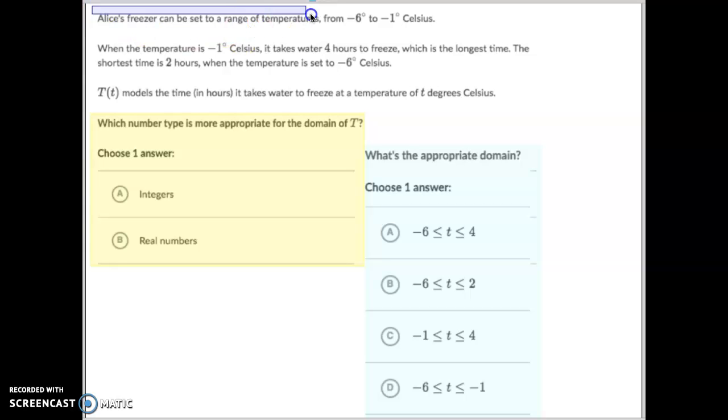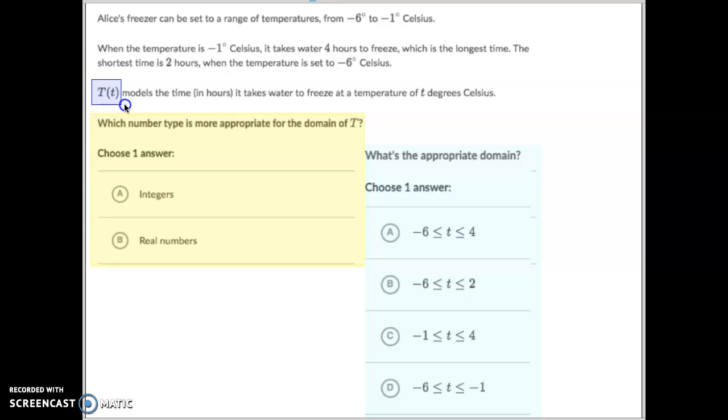So Alicia's freezer can be set to a range of -6 to -1. Okay. When the temperature is at -1, it takes water 4 hours to freeze. The shortest time is 2 hours when the temperature is at -6. The T of t, here they use the same variable for both, just one's capitalized, one's not.